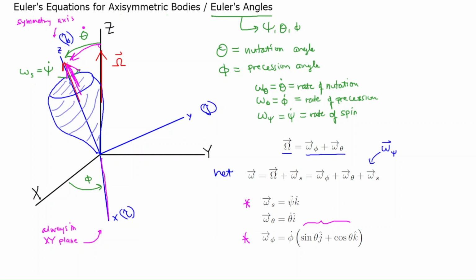There can be no i component, x component, because this is happening basically about the capital Z axis, because little x is always rotating in the capital XY plane. As far as why it is that unit vector, I think that might require a different picture. So let's take a look at that picture.